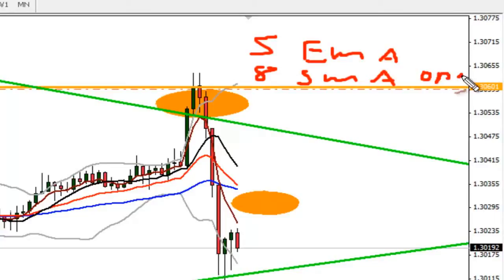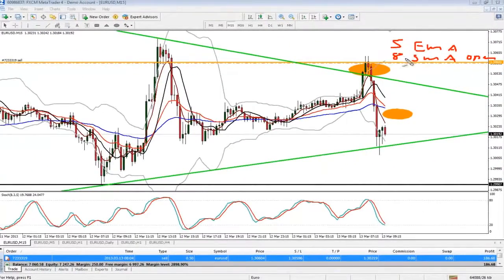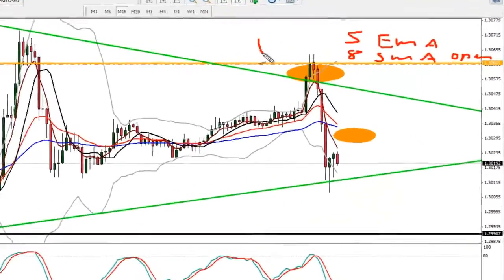And these two moving averages basically represent the immediate price action in the market. I'm not sure I'm going to deal with how it contextually figures out through multiple time frames. We'll look at this on one time frame and then go from there. So the 5 EMA and the 8 SMA represent price.